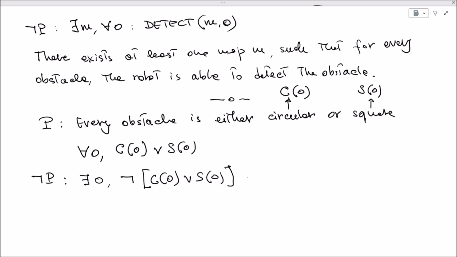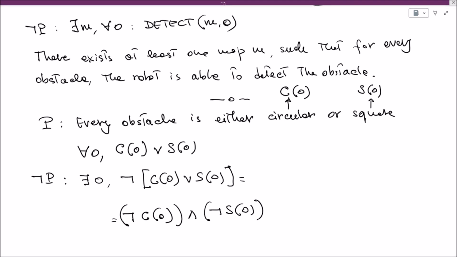And now we can simply apply the rules for the negation of a connective and say that this is just like saying not C of O and not S of O, which is just another way of saying that there must be at least one obstacle which is not circular nor square, can be any other shape.